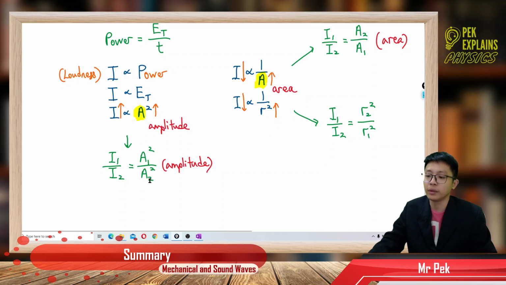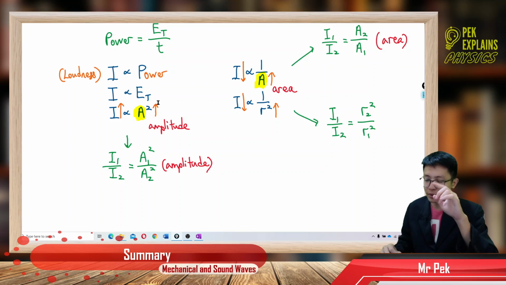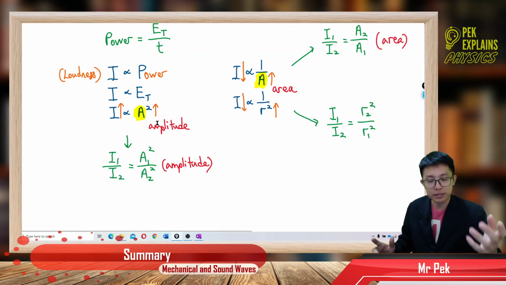When I2 is below, A2 must be below. In other words, the higher the intensity, the louder the sound, the higher the amplitude. That's why sometimes when you increase the volume on the radio, you can see the wave become a bigger amplitude. The louder the sound, the bigger the amplitude.